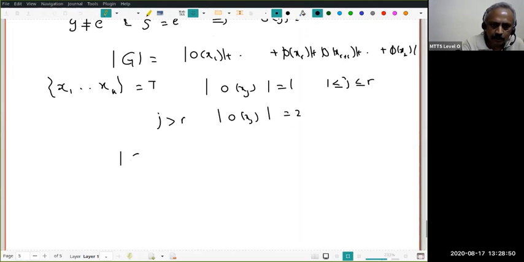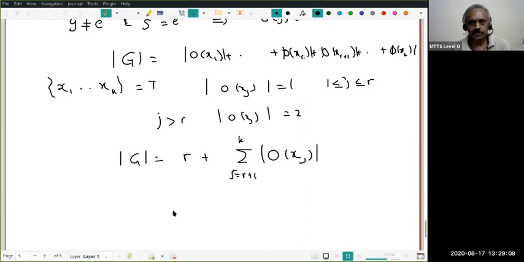Now I have |G| equal to r plus the summation of |O(xj)|, with j running from r plus 1 to k. Right? Now, one usually says read it modulo 2, but if you are uncomfortable with that, try to understand.